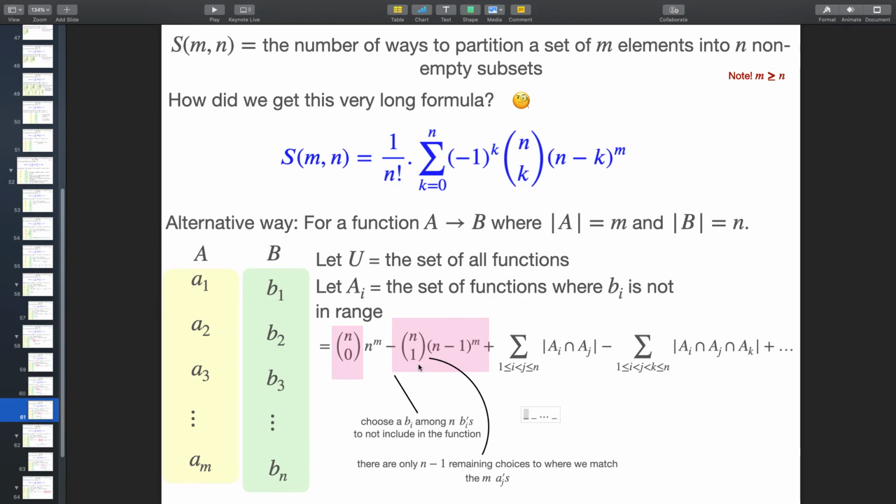Napili na natin kung sino yung hindi natin i-include. So, yung function natin, bali, meron ka lang n minus 1 na choices para sa lahat ng A sub j's mo. So, n minus 1 na choice para kay A sub 1, tapos n minus 1 na choice para kay A sub 2 until kay A sub n, right?